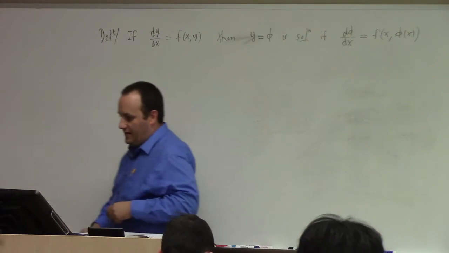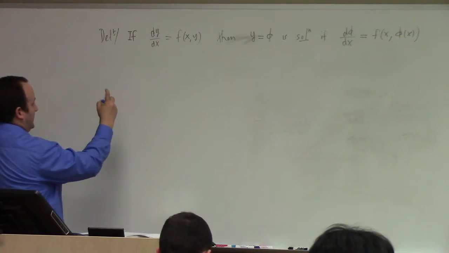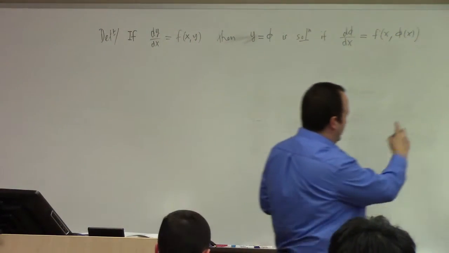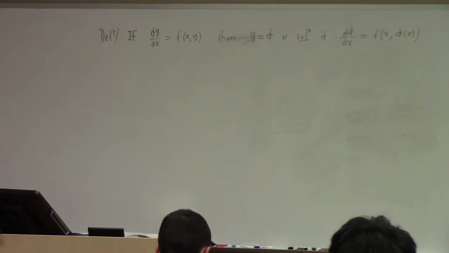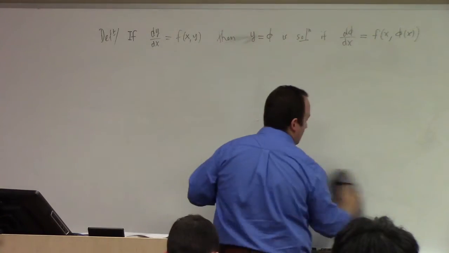Now that right there is the definition of a solution, an explicit solution, all right? In this context, that would make phi, the function phi, an explicit solution of that differential equation. All right?